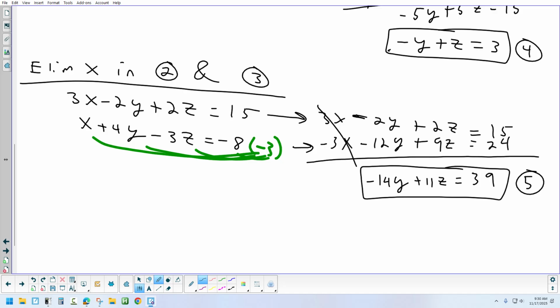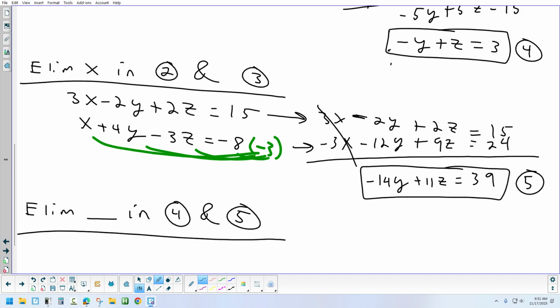All right, so now we're going to take equations 4 and 5. We're going to just work with these, and it's just like the kind of problems we've been doing before. We're down to 2 equations with 2 variables. So let's eliminate, and we've got to pick a letter. But we have to use equations 4 and 5.